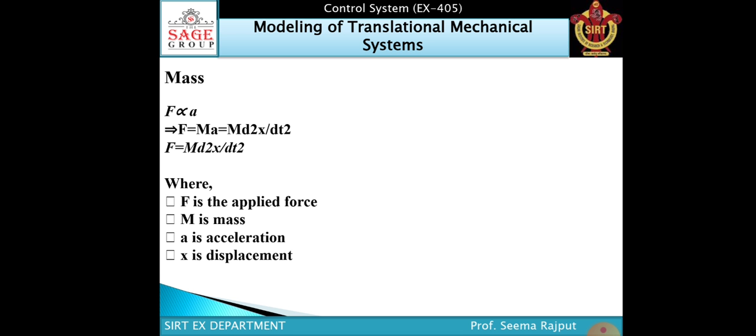Okay, and this force and mass term is in time domain. If we use in the Laplace domain, this formula is like that: F(s) equal to m s square X(s). Okay, where F is the applied force, m is mass, a is acceleration, and x is displacement.